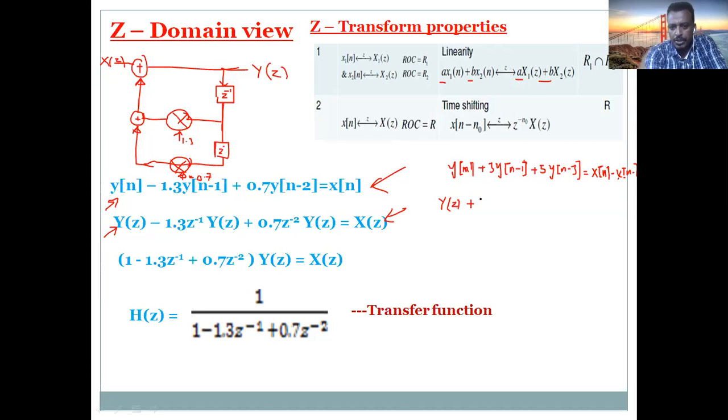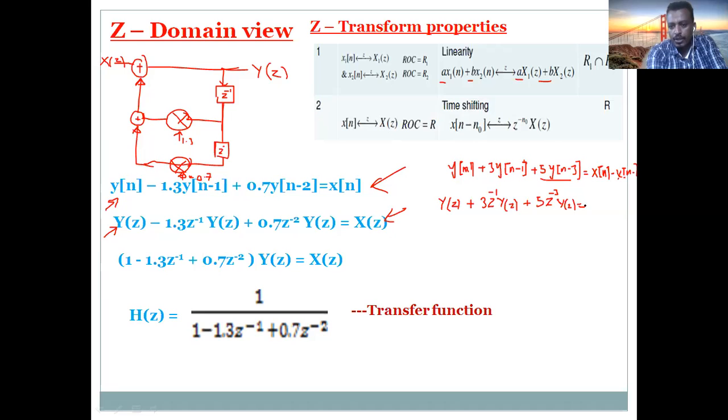So 3 will come here. What is the Z transform of y of n minus 1? Z to the power of minus 1 times y of Z. Plus 5 y of n minus 3 means in Z domain, Z to the power of minus 3 times y of Z.